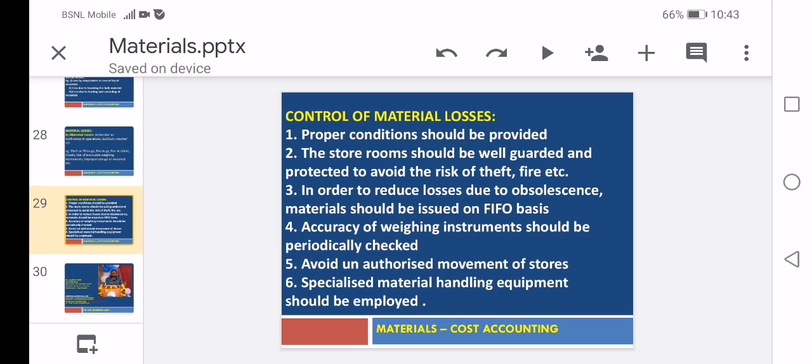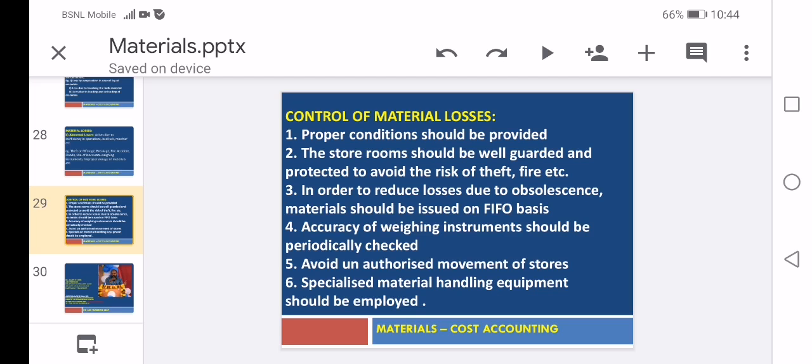Accuracy of weighing instruments should be periodically checked. Avoid unauthorized movement of stores. Unauthorized movement is unnecessarily moving the goods from one place to another. The process of moving goods also creates a lot of problems in the form of damage, leakage, wastage etc. And finally, specified material handling equipment should be employed while moving the goods.